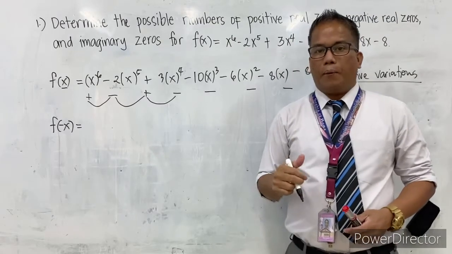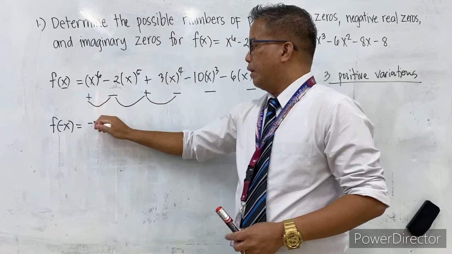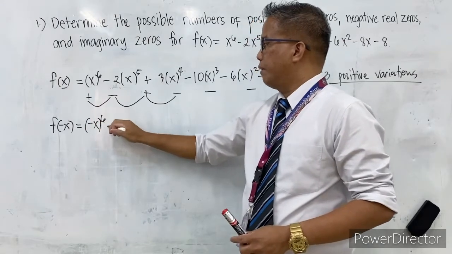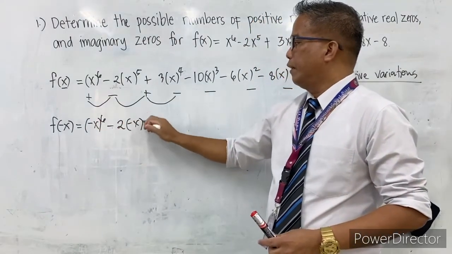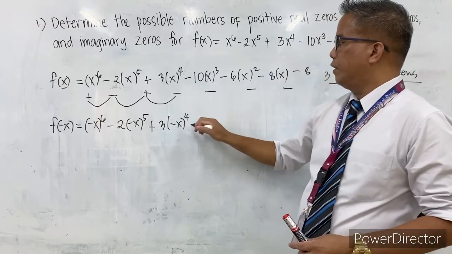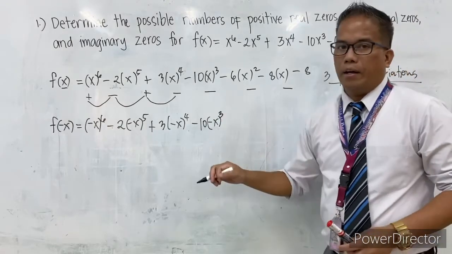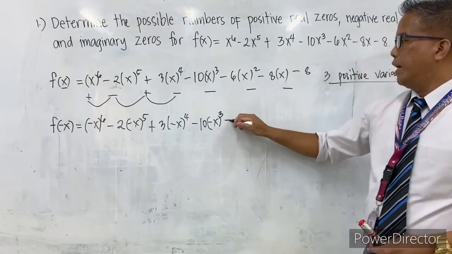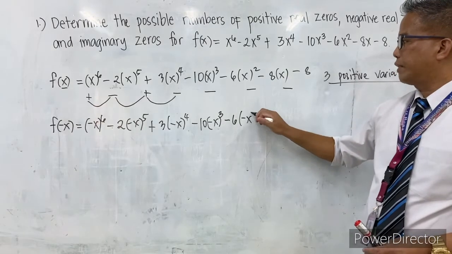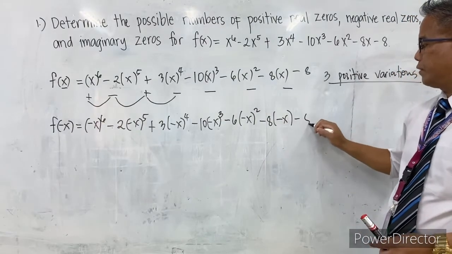If we substitute it, it becomes negative x raised to 6 minus 2 times negative x raised to the 5th plus 3 times negative x raised to 4 minus 10 times negative x raised to 3, and then minus 6 times negative x squared minus 8 times negative x, then minus 8.